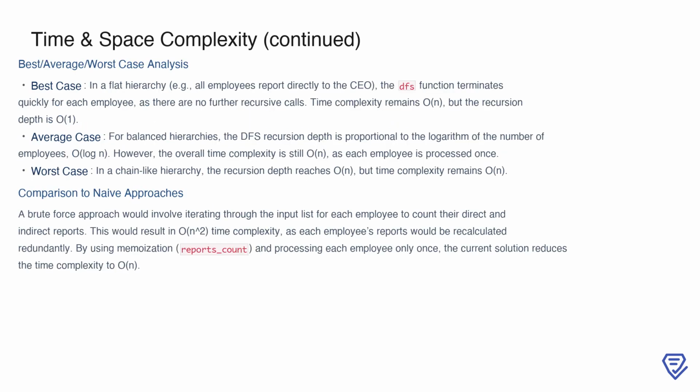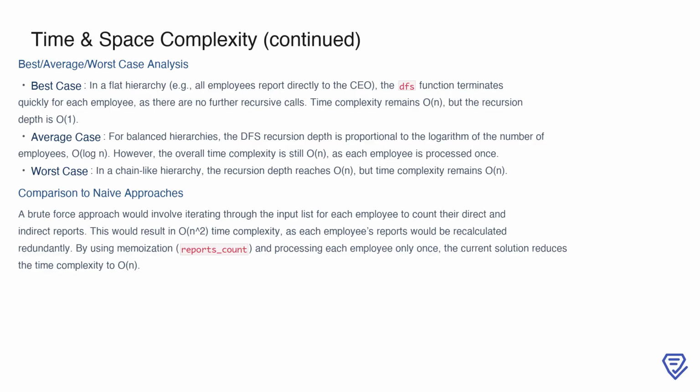The best, average, and worst-case scenarios help us understand how the algorithm performs across different hierarchy structures. In the best case, with a flat hierarchy where all employees report directly to the CEO, the DFS function terminates quickly for each employee without making further recursive calls. While the recursion depth is O(1) in this case, the overall time complexity remains O(n), since all employees are processed.